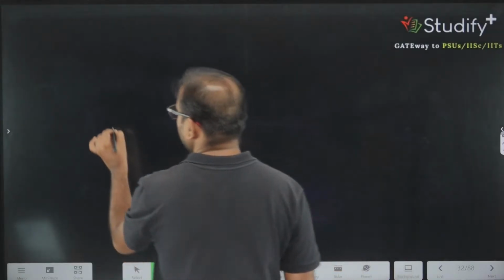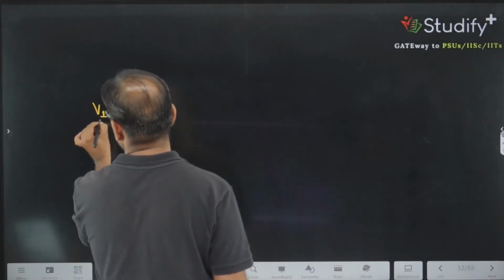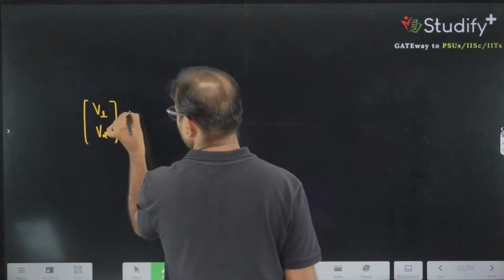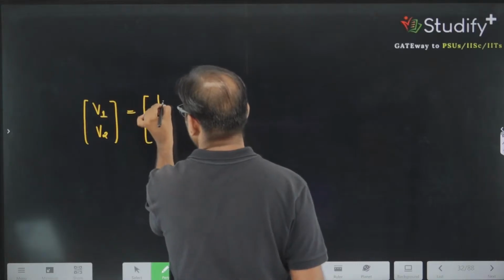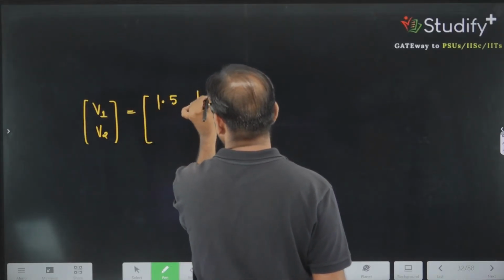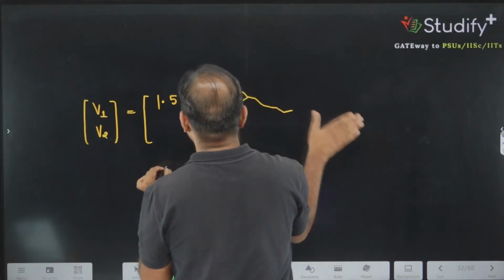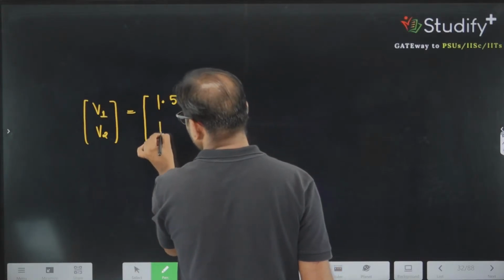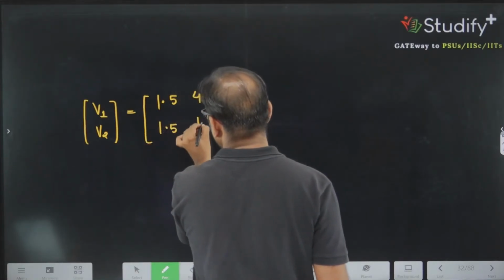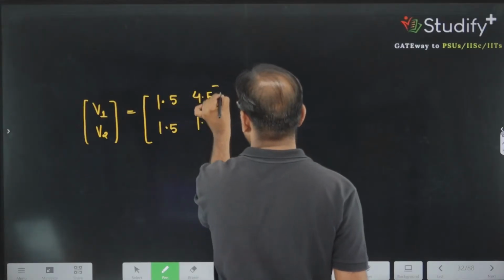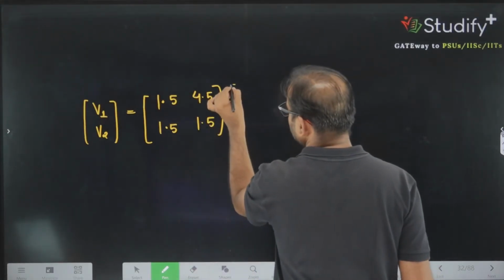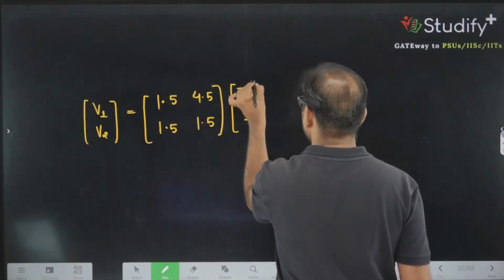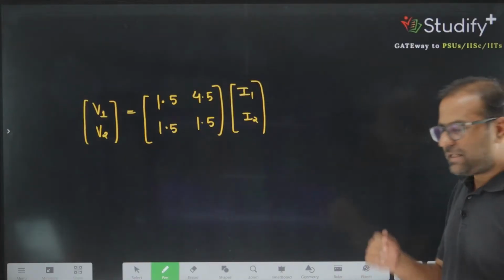So you can say V1, V2 is given as 1.5, 1.5, 4.5, 1.5, and this is I1, I2. Correct?